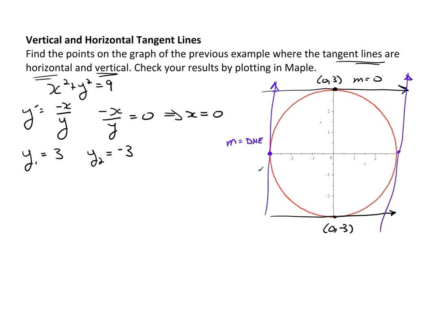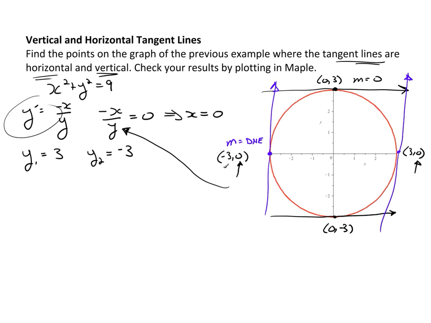Now I need to find the vertical tangents. Well, this happens when the denominator is 0. So that's going to happen when y is 0 but x is anything else, which means this is going to have the coordinate (negative 3, 0), and this will have coordinates (3, 0). And it's this y value right here that, when I substitute it into the equation for my slope based on my derivative function, will make it undefined.